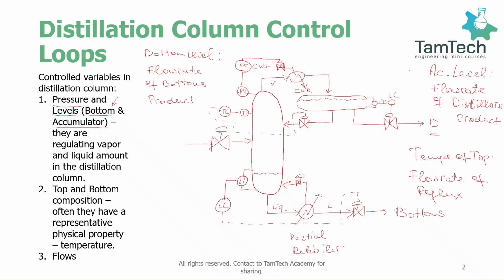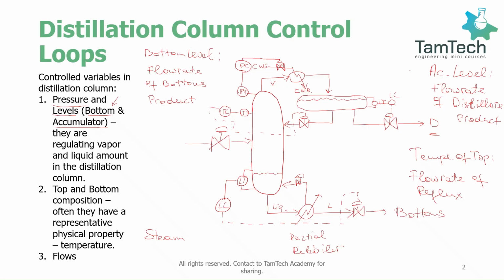And we should also control the bottom temperature. Similarly, how can we do that? We know that the main energy supplier to our distillation column is the utility that we use in our reboiler. In many cases, this utility is steam. And we know that we can increase the bottom's temperature by increasing the flow rate of this steam.